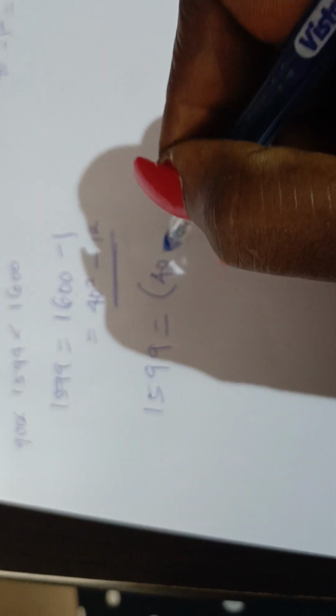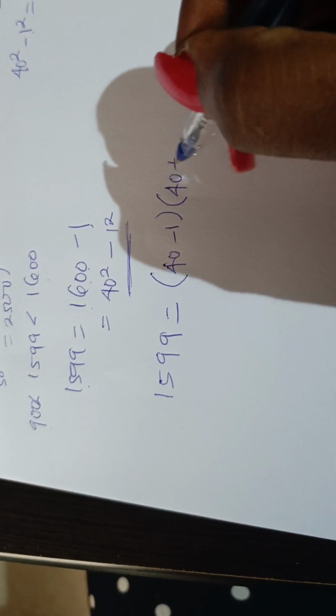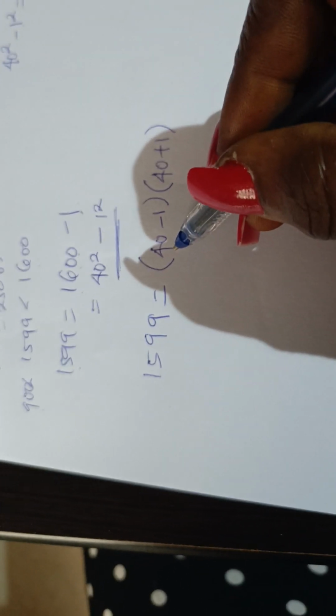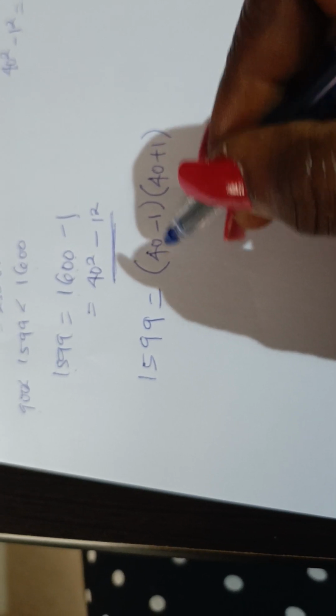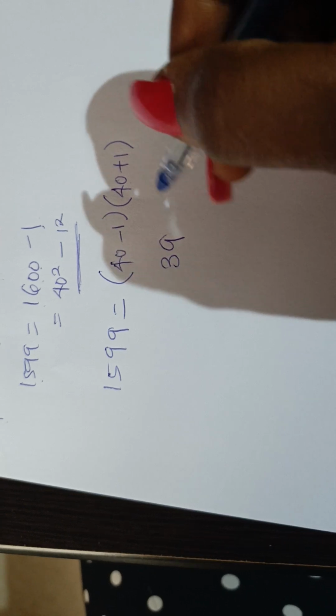So 1599 can be written as 40 minus 1 times 40 plus 1. Now we know that 40 minus 1 is 39 and 40 plus 1 is 41.